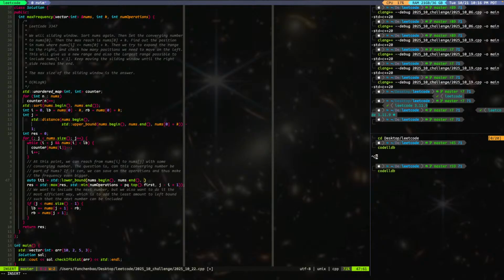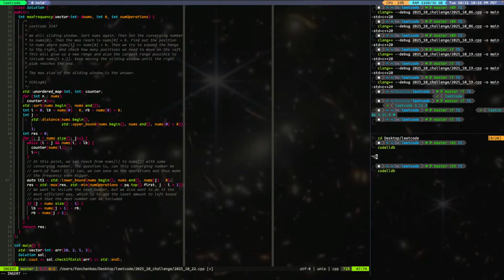It's going to be right bound because we want to reach nums[j]. It doesn't really need to be right bound. As long as it can reach nums[j], we're happy, right? So nums[j] minus k. This is the lower bound, so the one that's larger or equal to this.